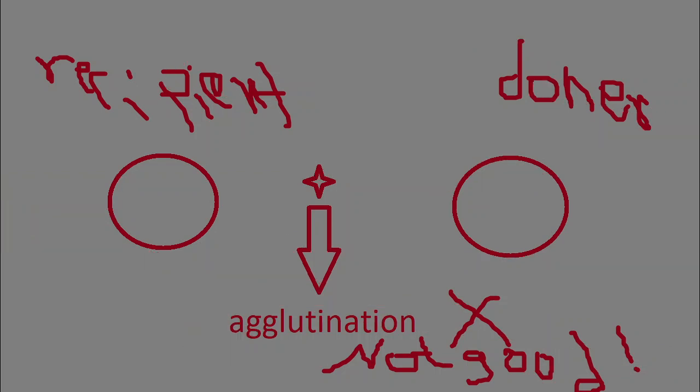Now, if you can think of someone having a blood type that he can give to anybody, you call him a universal donor. For example, type AB antigen will be a universal recipient.